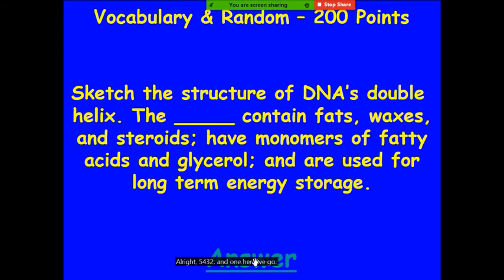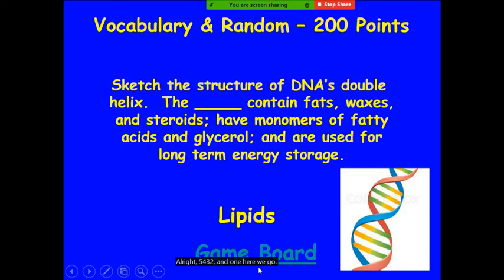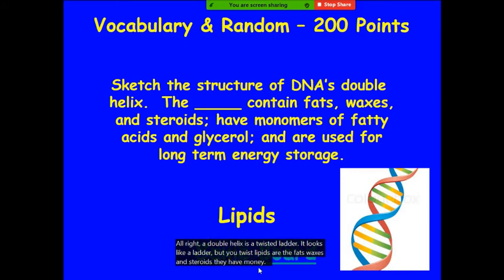Here we go. All right, a double helix is a twisted ladder. Okay, it looks like a ladder that you twist. Lipids are the fats, waxes, and steroids. They have monomers of fatty acids. Remember, 3 fatty acids per glycerol, and they are used for long-term energy storage. Trust me, I got a lot of long-term energy storage stored up on my gut.